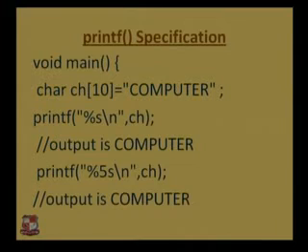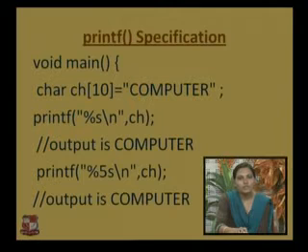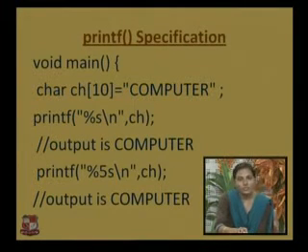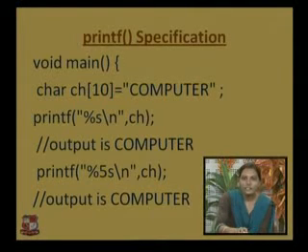If we have declared one string, computer, then using %s it will represent the whole string. But if you are printing with %5s, that is a width less than the string size, it will still write the whole string, because computer contains 8 characters.